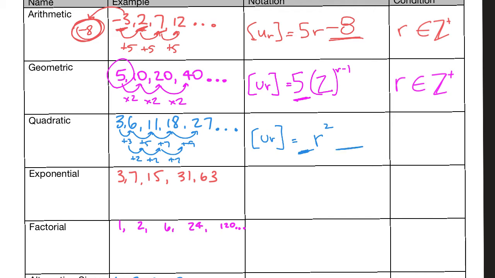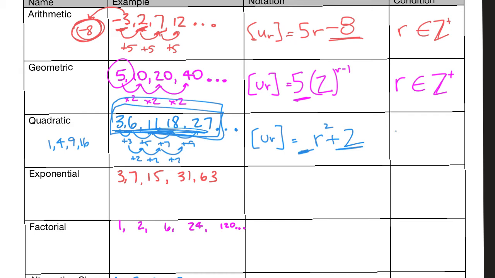This particular one, if you look really close, these numbers are all 2 greater than a square. Think about your square numbers. So 1 is a perfect square, 4 is a perfect square, 9 is a perfect square, 16 is a perfect square, and if you look really close, all the numbers in this list are exactly 2 more than that.